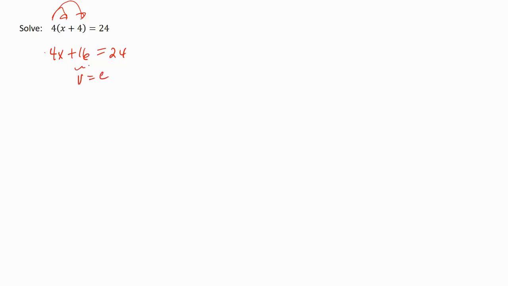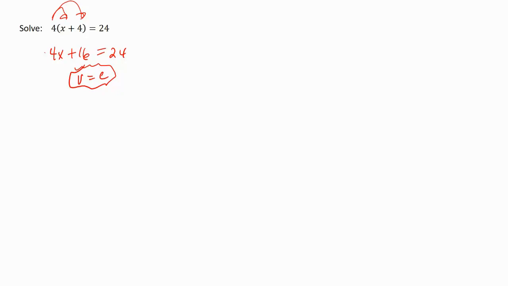And the guide I'm going to set here is V equals to C, where V stands for your variables, right? And a variable is any term that has a letter of the alphabet attached. And C stands for constants, right? A constant is just a plain number.